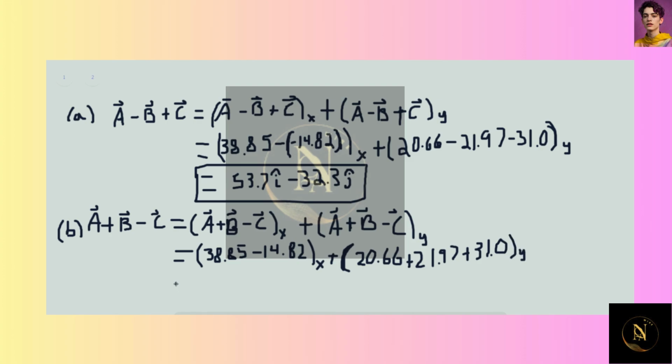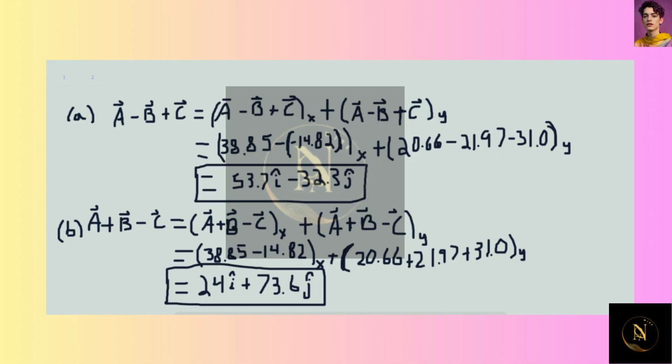And then, if you carry this out, this is equal to 24, again in the i hat direction, and then plus 73.6 in the j hat direction. Box that in as your solution.